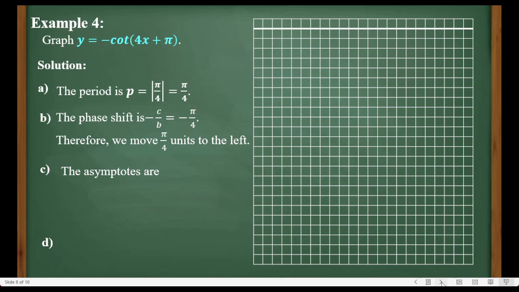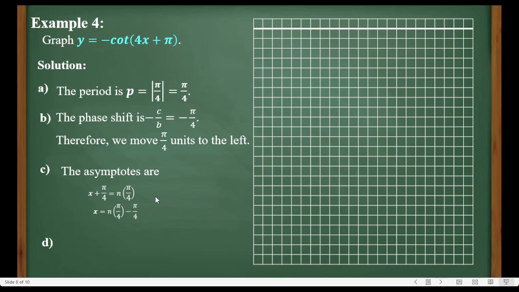Now, for the asymptotes, we can get the asymptotes, and at the same time, we adjust the position considering the phase shift. So that is added by the phase shift value, which is pi over 4.